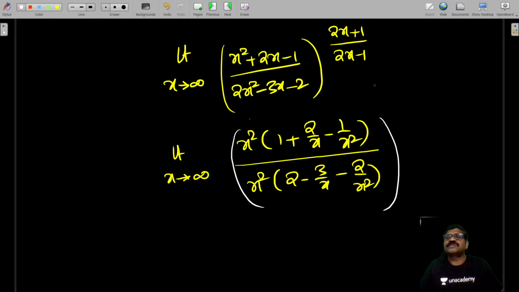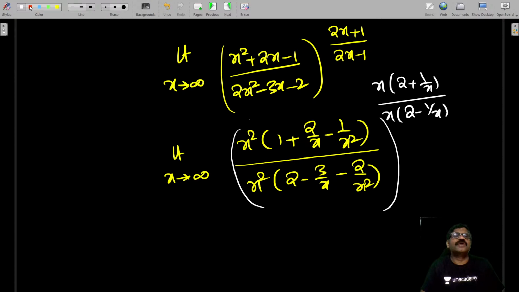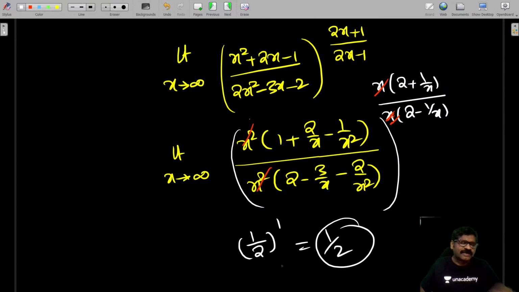Here, if you take x common, 2 plus 1 by x, 2 minus 1 by x. Now, you can cancel x and x. Here, x square and x square. Now, when x is tending to infinite, the limit is 1 by 2 whole power 1. Finally, 1 by 2. The value of limit is 1 by 2.